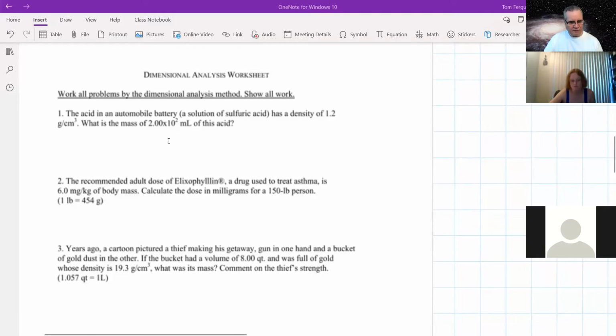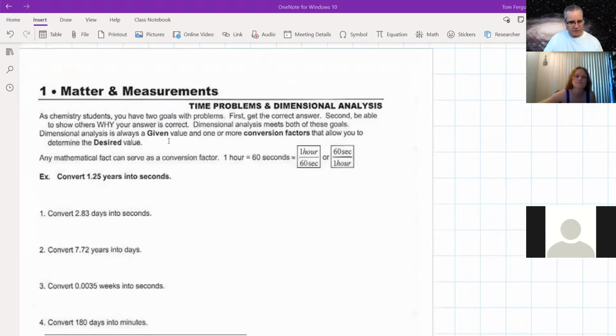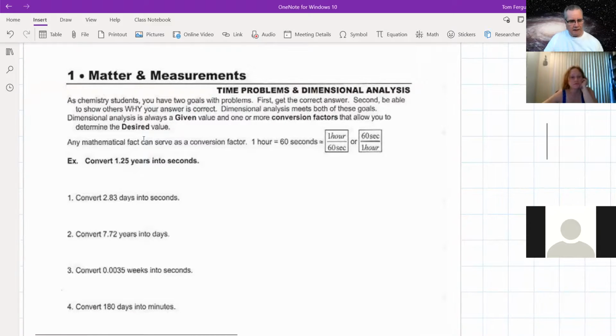Okay, so I've got the 3 additional worksheets here. And they're basically all just conversions that use various steps, some of them are 1-step, some are 4-step.